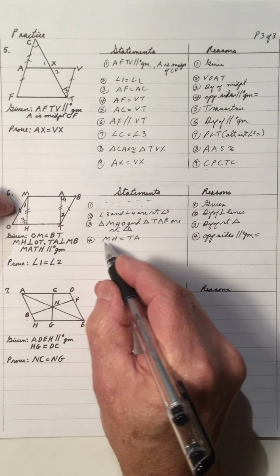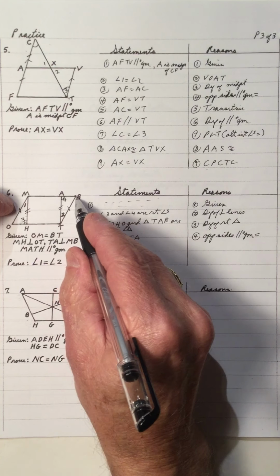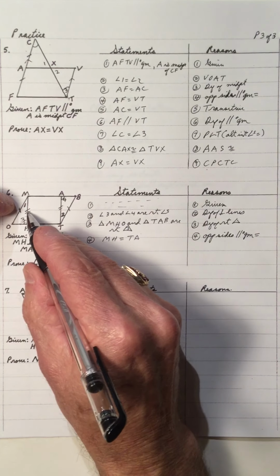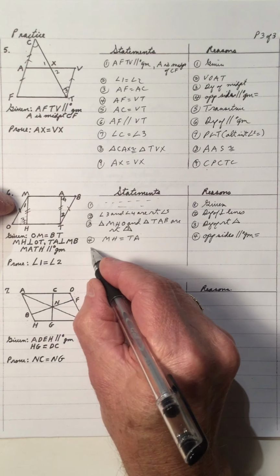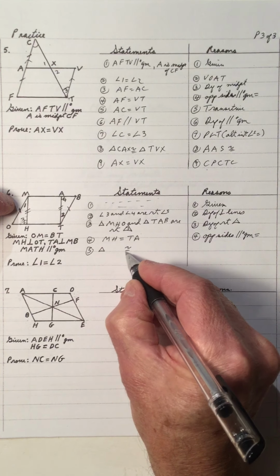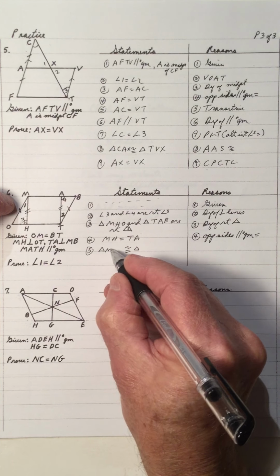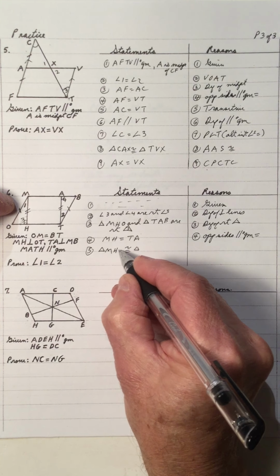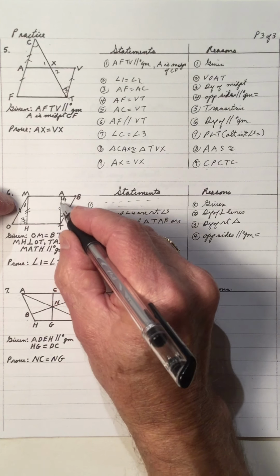So I have MO equals TB given. These are equal right here. That's TA. So that means that the triangles are congruent. So triangle MHO is congruent to TAB.